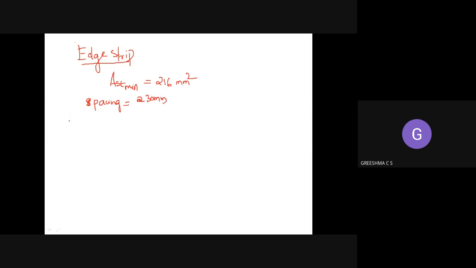So you can write a note: provide 8 mm dia bars at 230 mm spacing in the edge strip. It will be like this.